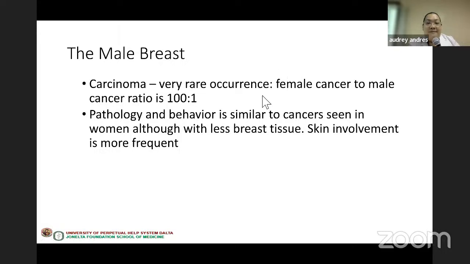Let's have GTD. This is a little bit shorter.